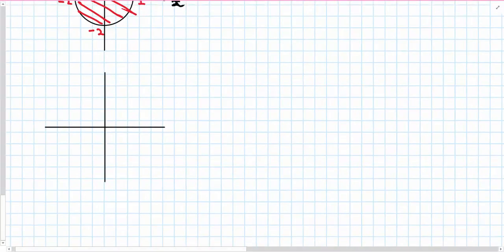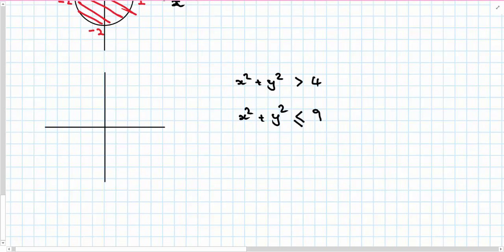What about if we wanted these two conditions both to be true? X squared plus y squared to be greater than 4, and x squared plus y squared to be less than or equal to 9. So the boundaries would be the circle with radius 2 and center 0, 0, and that has to be dotted.